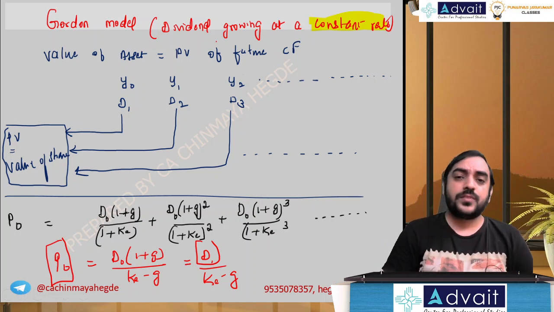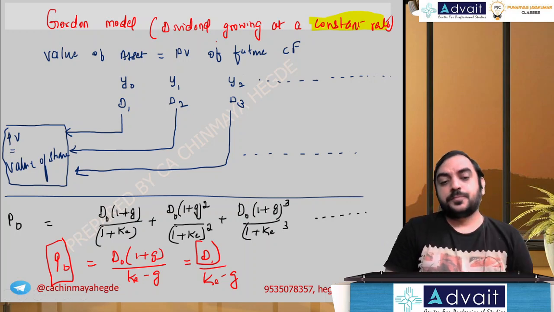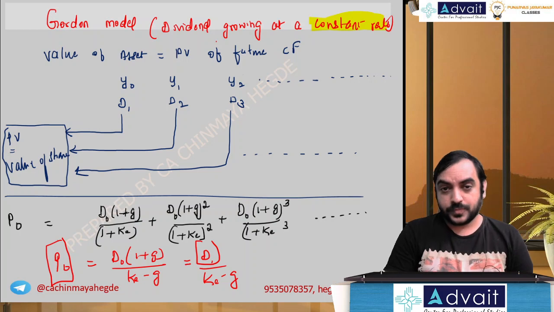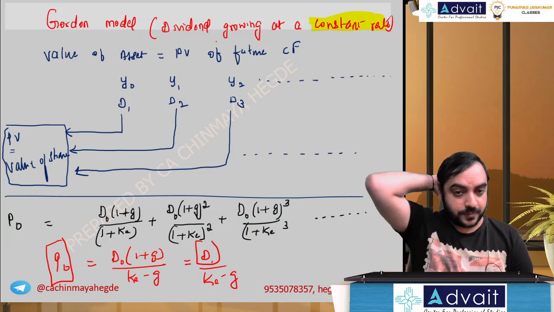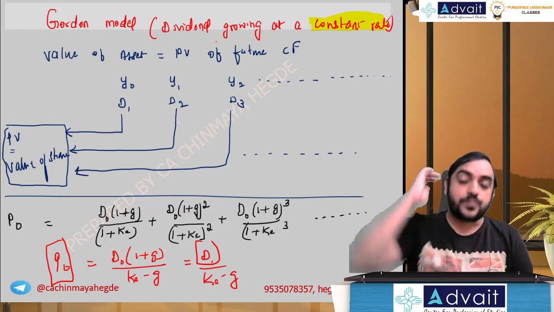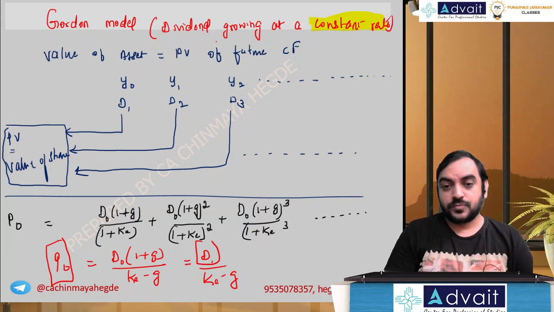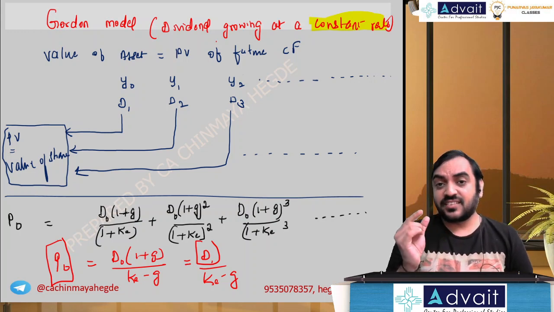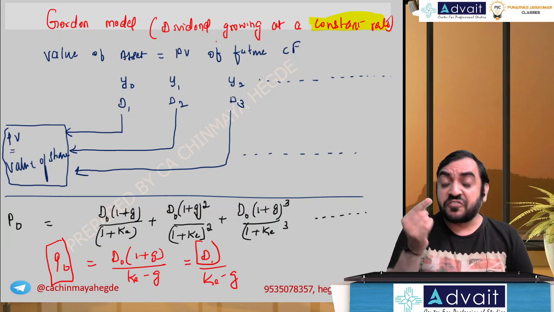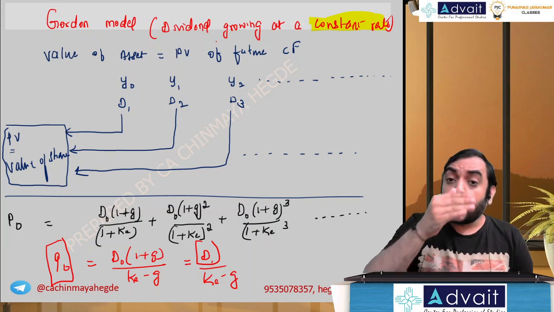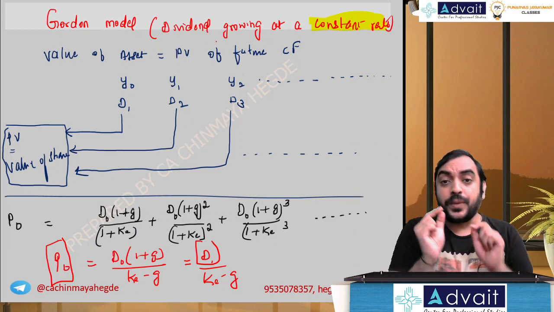Okay, write down observations. P0 reflects the value of dividend from year 1 onwards.